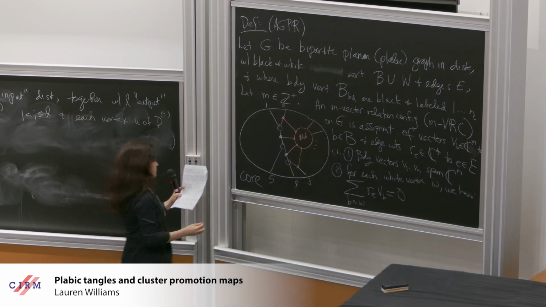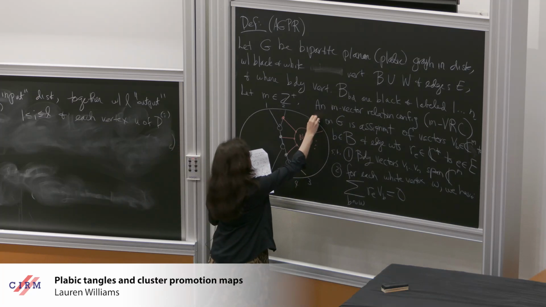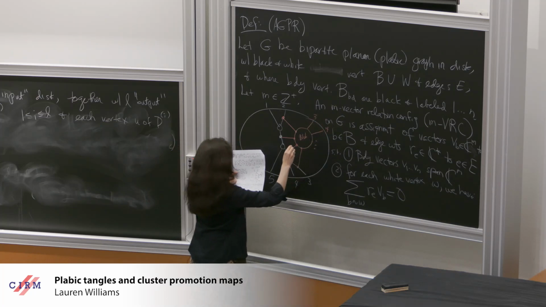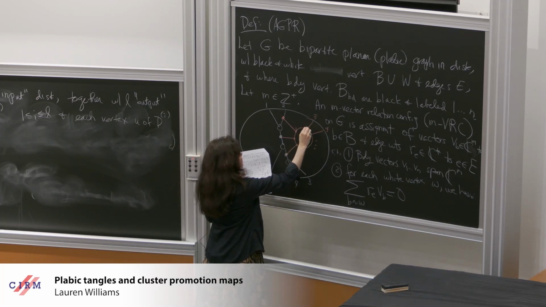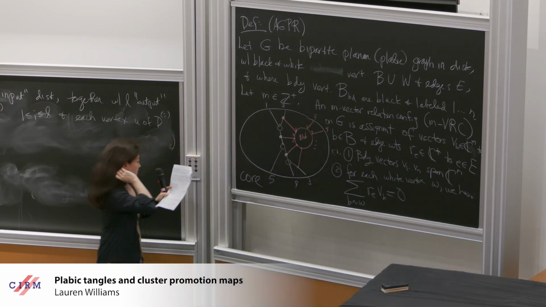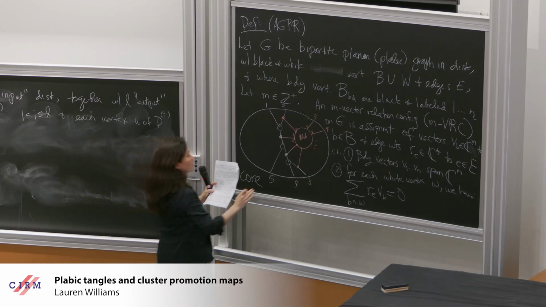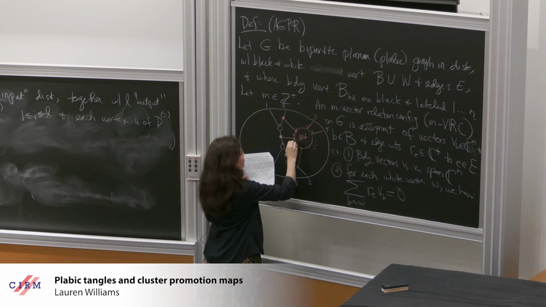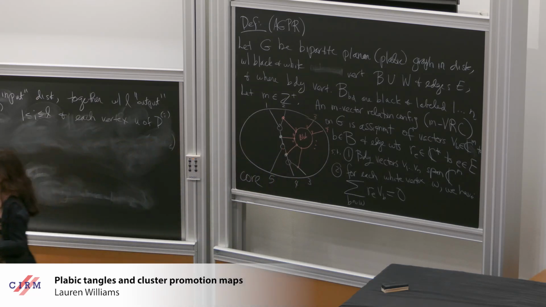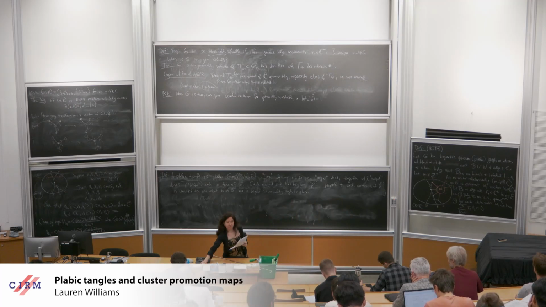Okay, and maybe I will label these 3, 4, and then there will also be some internal labeling 2, 3, 4 up through some n prime.